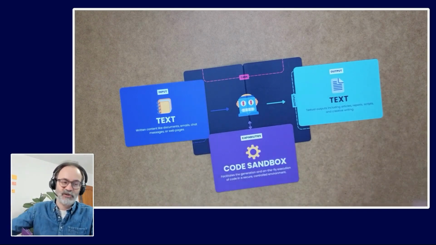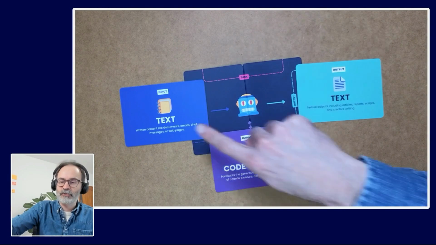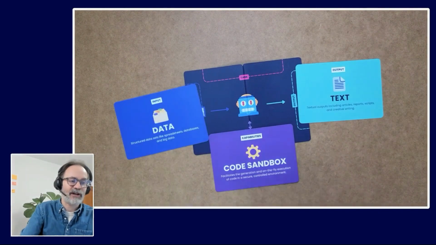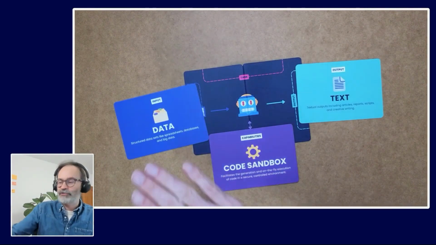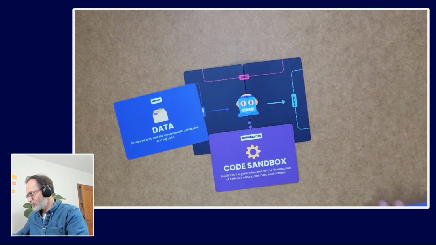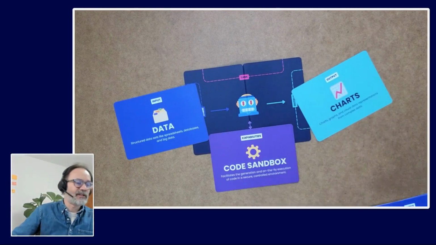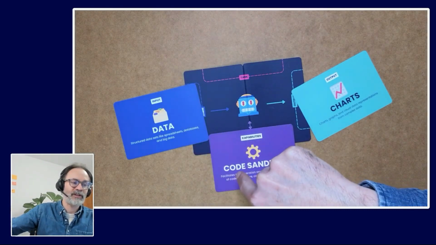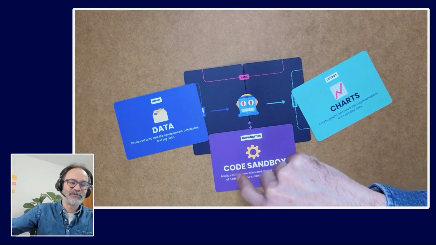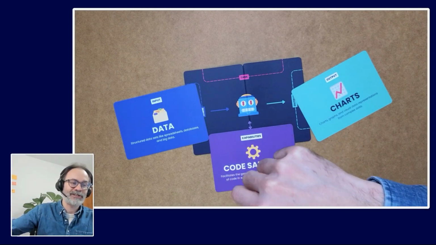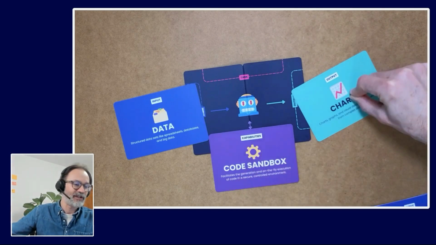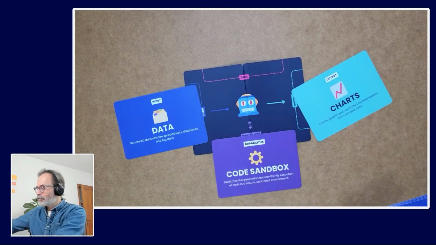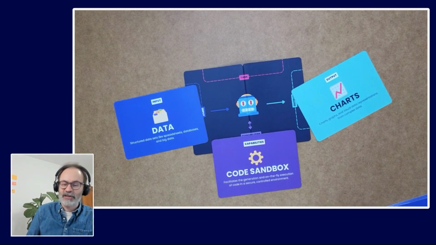For example, the code sandbox: if I put a CSV file and then I ask it to generate a chart, it can do it because it has a code sandbox where it creates some Python code on the fly, then uses a chart library to draw a chart, and then it puts the chart in the output. So for me, these cards are very important to explain some very powerful capabilities of modern LLMs.